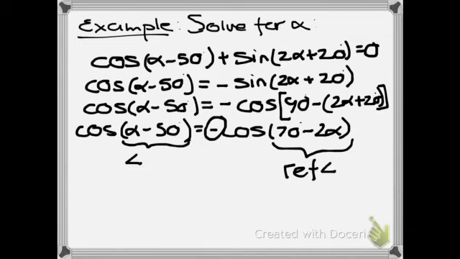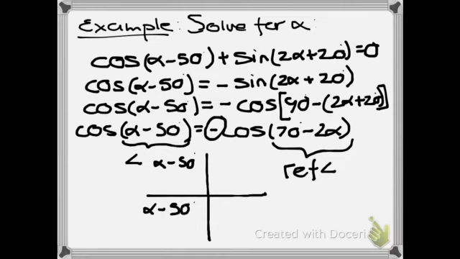So remember, we need to be looking where cos is negative. Cos is negative in quad 2 and quad 3, so the angle I'm looking for, alpha minus 50, must lie in quad 2 or quad 3. In quad 2, it's 180 minus the reference, and in quad 3, it's 180 plus my reference angle.